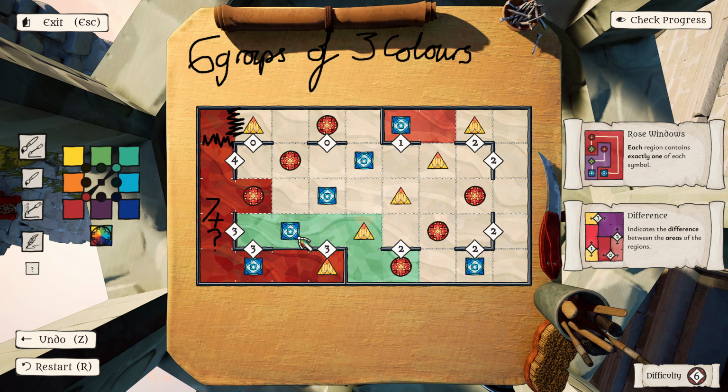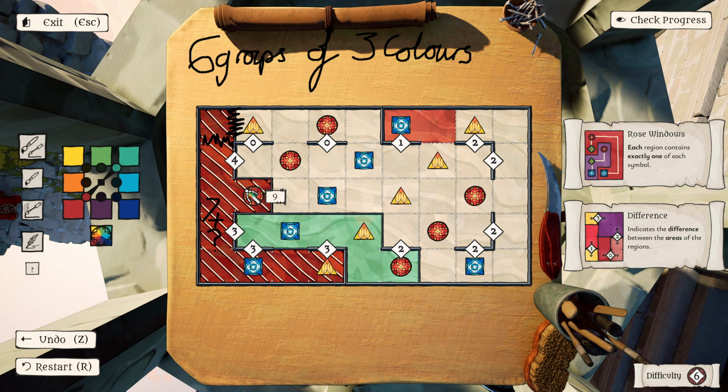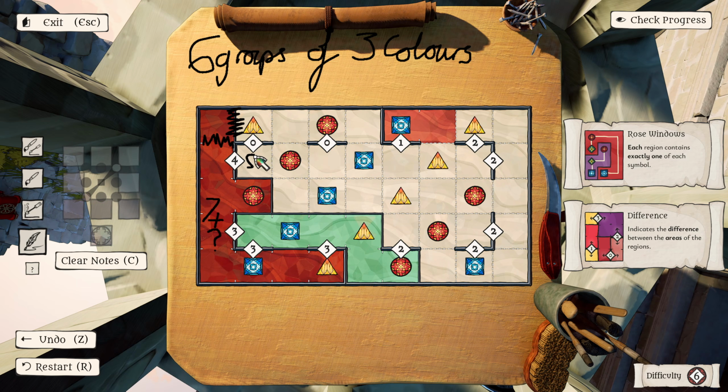Could be 9, 6 that way. So 9, 4 makes a 5. And this would have to be a 5 as well.